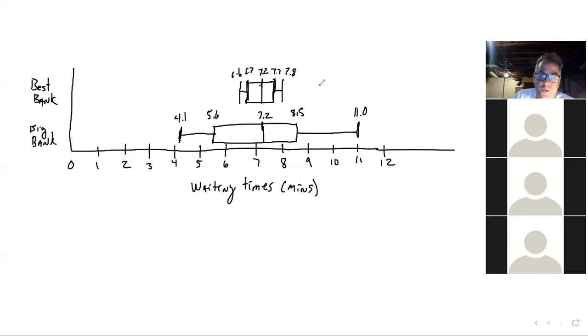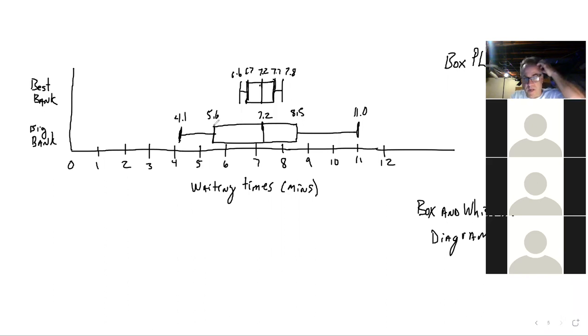Now, your book calls this a box plot. I learned it as something else. So an alternative name for this kind of graphical display, and this is my preference, is a box and whisker diagram.